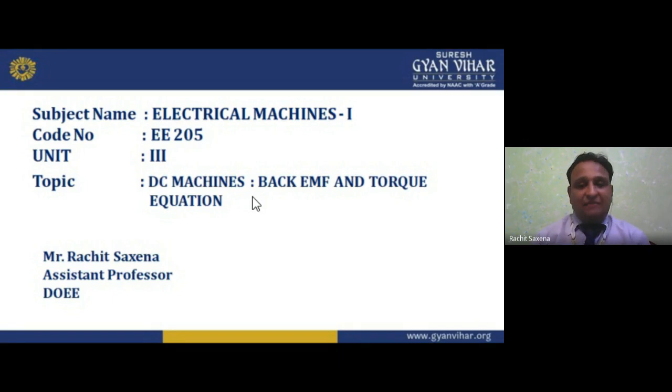Back EMF is similar to the DC generator EMF, and we'll get the same equation. I'll tell you later. But the significance of back EMF, why it is called back EMF, then the torque equation, how we get the torque, and some numerical problems also.